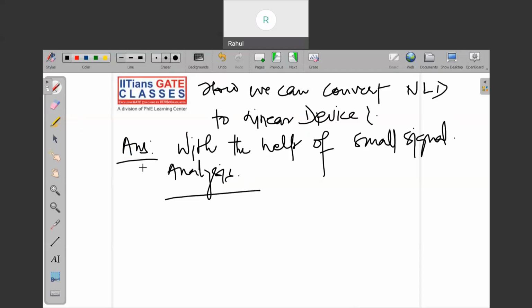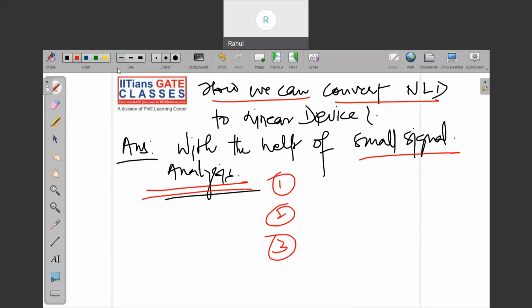This is very, very important. Nobody knows what small signal analysis is. So this is in general the concept. Once you go for it, there are three steps. Number one, add DC to AC, add DC to music, and keep the signal small.